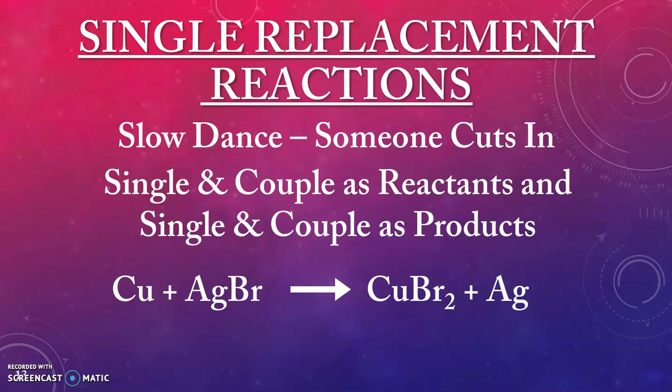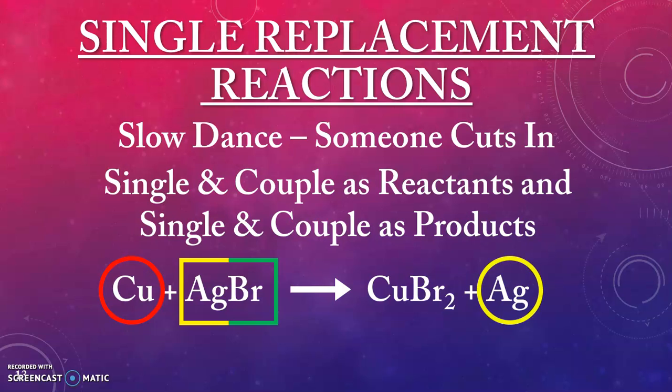So where are my singles? Here's my copper as a single in red. Where's my couple on the reactant side? I have silver as yellow and bromine as green. And then I go to the product side after the reaction. I have silver as my single, and I have my copper bromide as my couple.